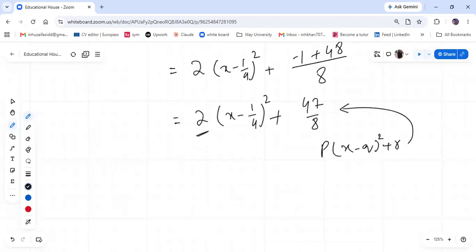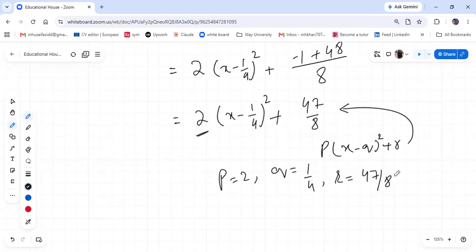From here, p is equal to 2, q is equal to 1 over 4, and r is equal to 47 by 8. Can you understand it?